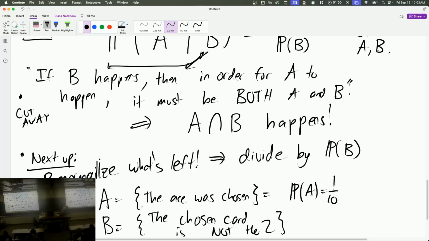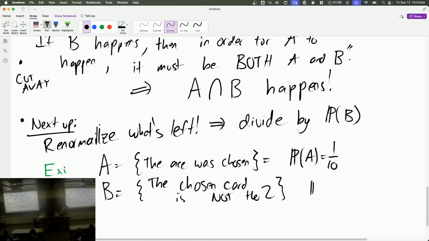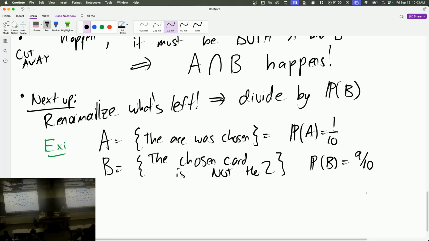That was the thing that was revealed. So the probability of B is 9/10. We are asking what's the probability the chosen card was the ace, that you would win the game. B is the event that the chosen card is not the 2. When the 2 is revealed, we know the chosen card is not the 2. And you can figure out that A intersection B is still the chosen card is the ace.